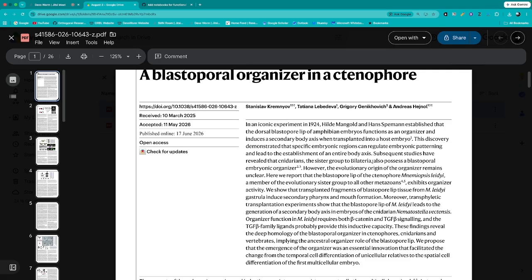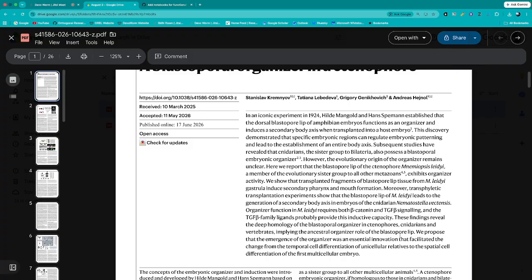These findings reveal the deep homology of the blastoporal organizer in ctenophores, cnidarians, and vertebrates, implying an ancestral organizer of the blastopore lip. We propose that the emergence of the organizer was an essential innovation that facilitated the change from the temporal cell differentiation of unicellular relatives to the spatial cell differentiation of the first multicellular embryo.